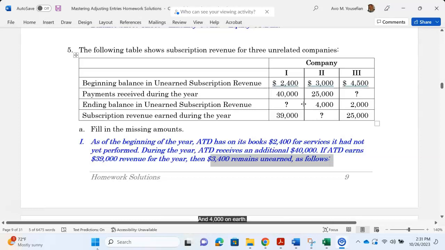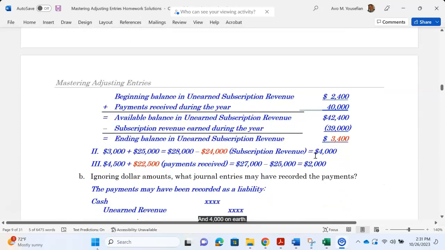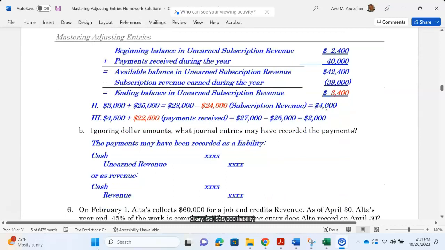And 4,000 unearned. Right there, 4,000 unearned. So $28,000 liability minus earned of 24,000. So unearned revenue balance is 4,000. Liability is 4,000.